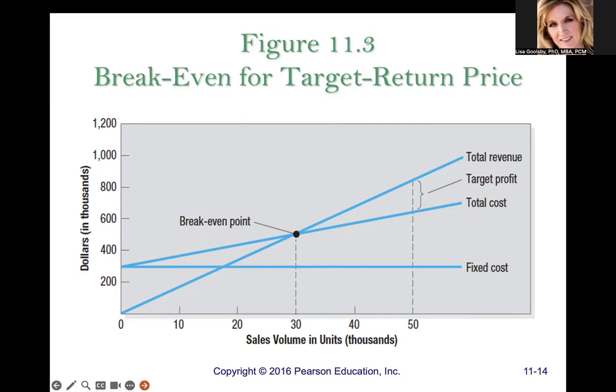And then that target profit is somewhere in there between the total costs and the total revenue. Any product that I sell above 30 units is going to impact my total revenue. So you kind of know how many you have to sell. This is helpful when you're looking at and understanding your total market volume and how many potential consumers you might have.